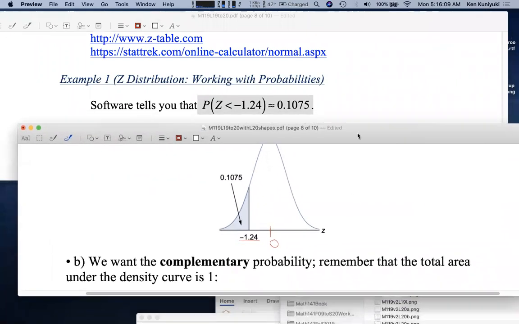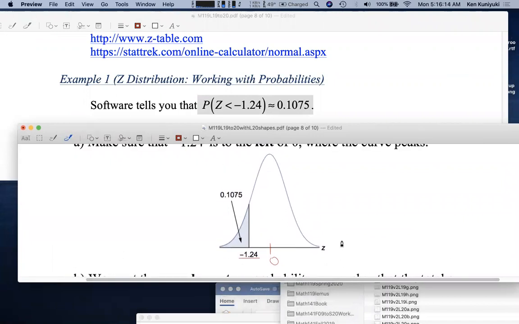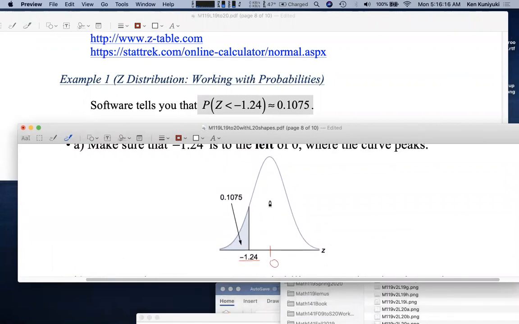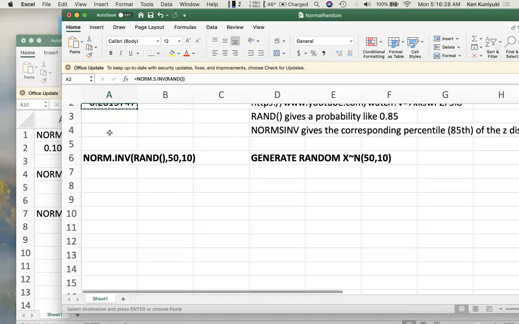Okay, now what we're going to do is, first of all, I want to use Excel to show you why this kind of makes sense from a simulation perspective. Remember that this command, norm.s.inv, allows us to generate standard normal random values. Let's do a whole bunch of these.